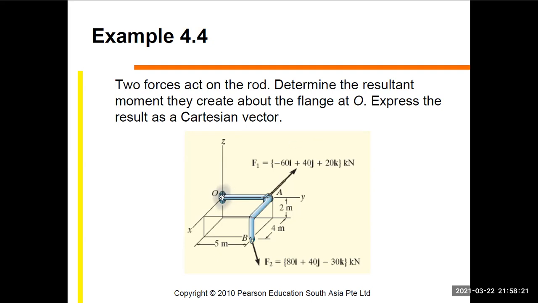First of all, we need to find the vector from O to A and from O to B. So the vector OA cross F1 gives us the moment from F1, plus the vector OB cross the force F2 gives us the moment from F2.